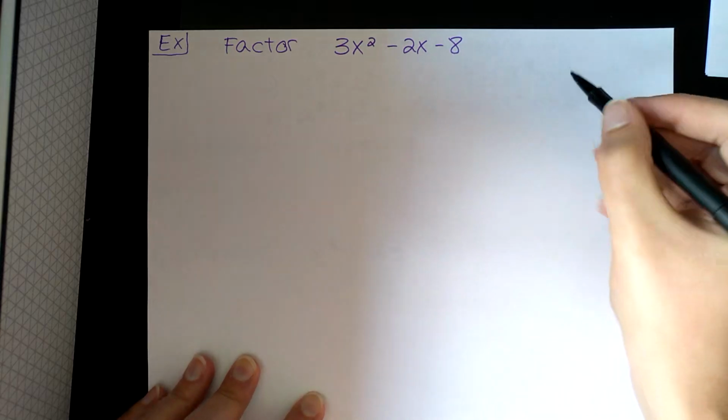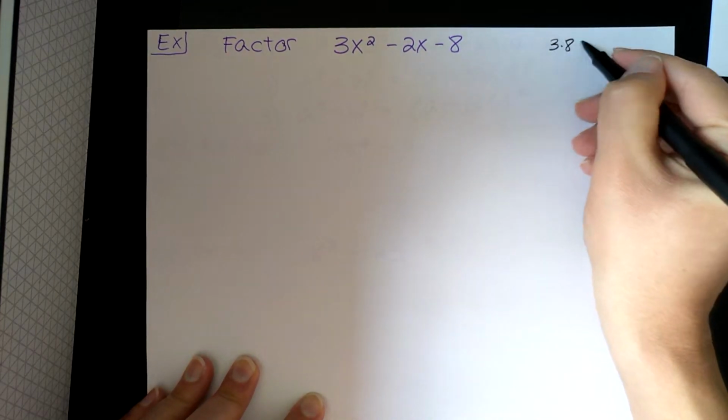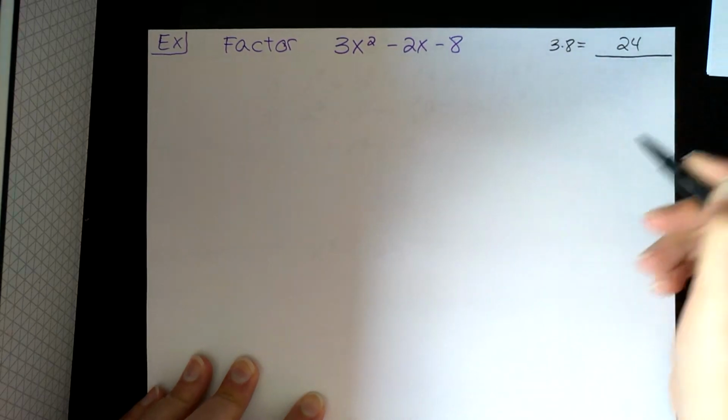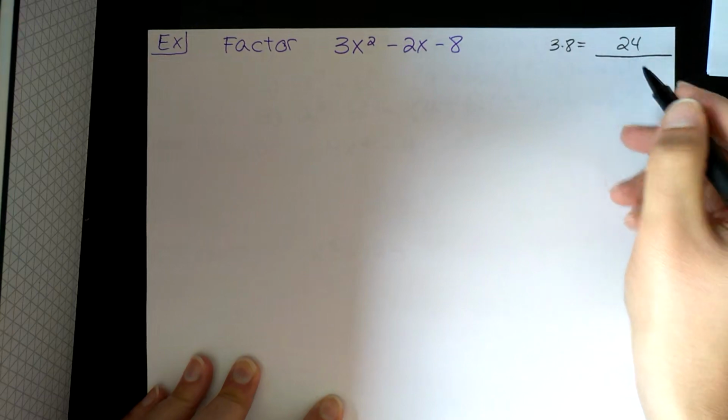Okay, so trying this together, first we multiply 3 and 8, which gives us 24. And now we find all of our multiples to get to 24.